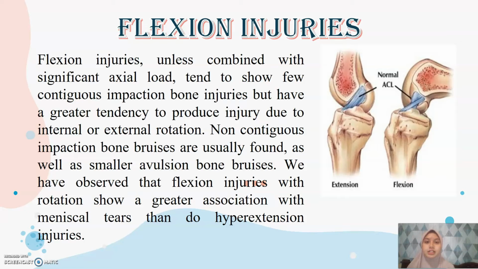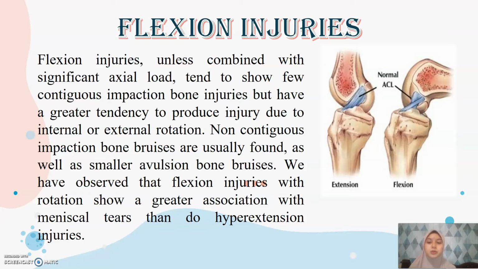Okay, next is flexion injury. Flexion injury, unless combined with a significant axial load, tends to show few contiguous impaction bone injuries but has a greater tendency to produce injury due to internal or external rotation.